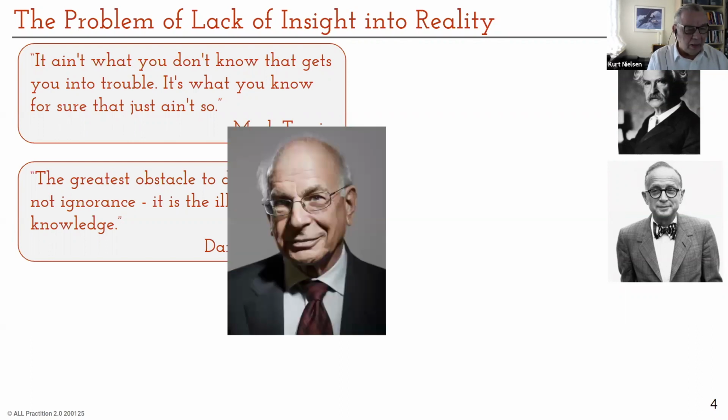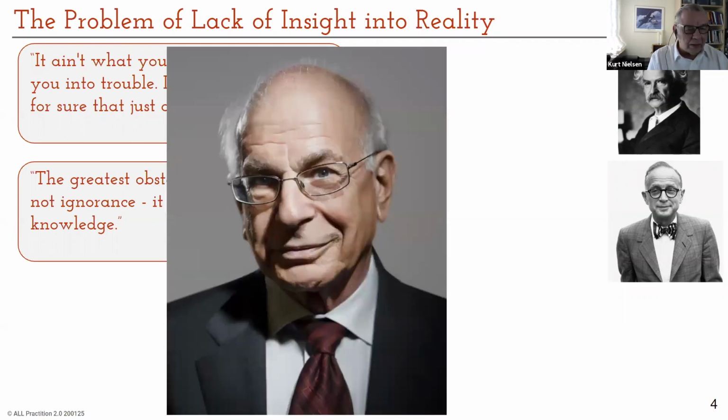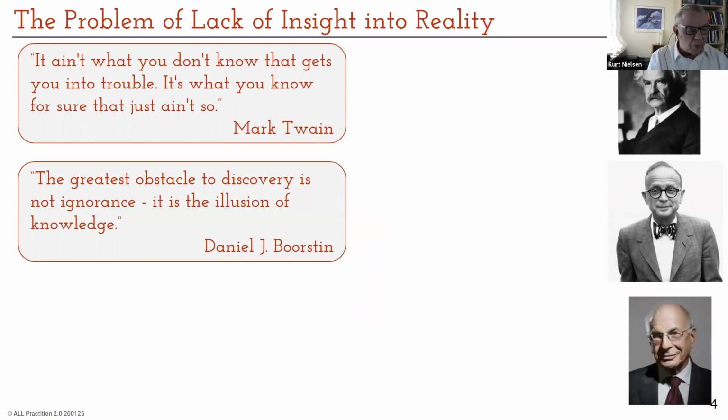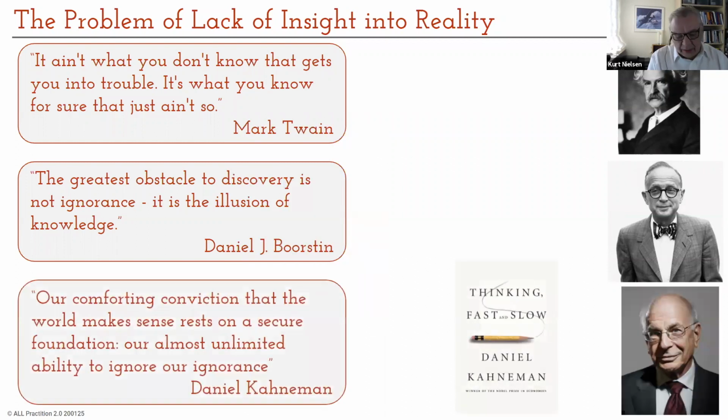And then finally, the king of human error, Daniel Kahneman, who says in his book Thinking, Fast and Slow, our comforting conviction that the world makes sense on a secure foundation, our almost unlimited ability to ignore our ignorance. Now that's a pretty depressive view of the human being, but unfortunately, the older you get, you realize that's probably pretty close to the truth.